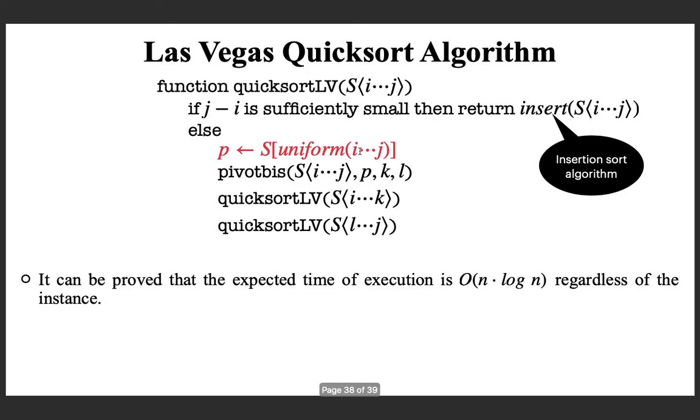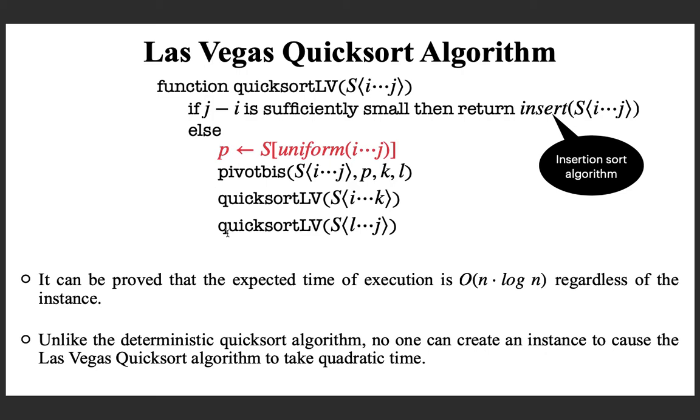And we can prove that the expected time of execution of this randomized algorithm is order of n log n, regardless of what instance you are passing to it. This is the Las Vegas algorithm because this algorithm is going to give you the correct result for any instance.